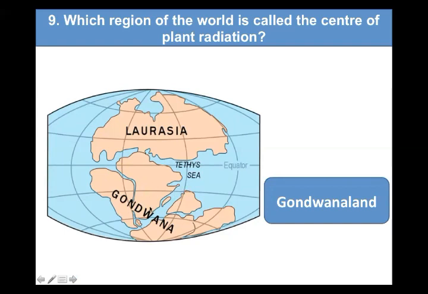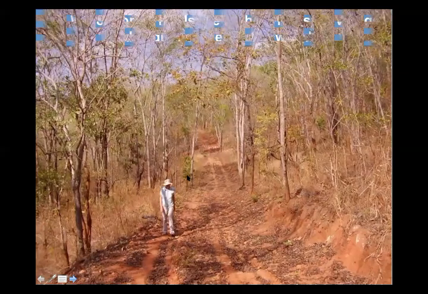Why? Because the radiation of gymnosperms, pteridophytes, angiosperms, and mammals all radiated from this region. That's why Gondwanaland was the one. It holds the age for several groups of organisms for radiation as well as diversification.